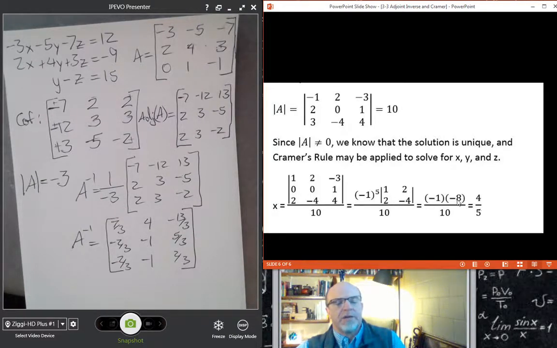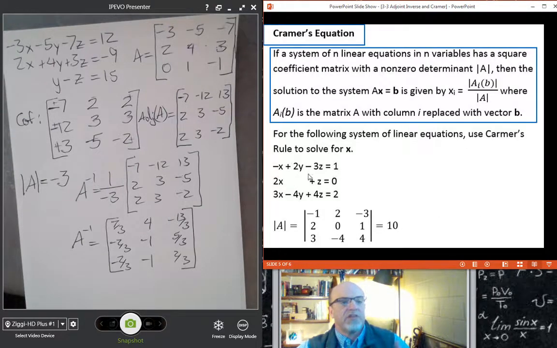So negative 1 times negative 8 is positive 8 over 10, which is 4 fifths. There you have it. 4 fifths is the solution for x. X has a value of 4/5 for these three equations and these three unknowns.